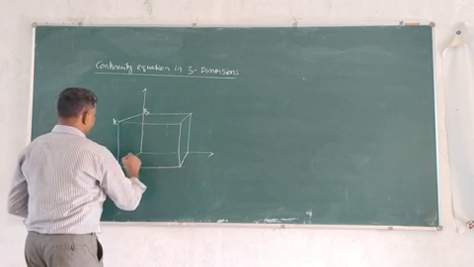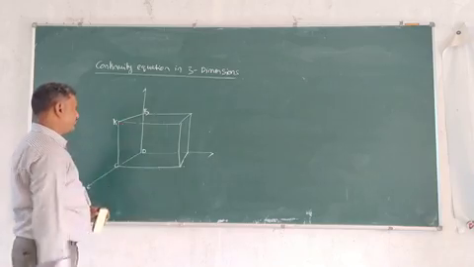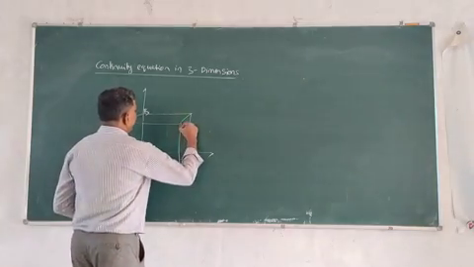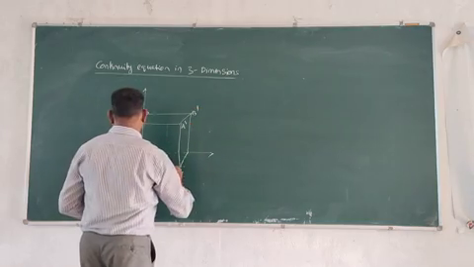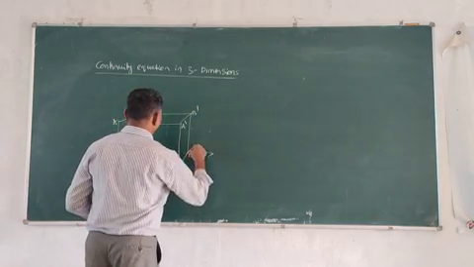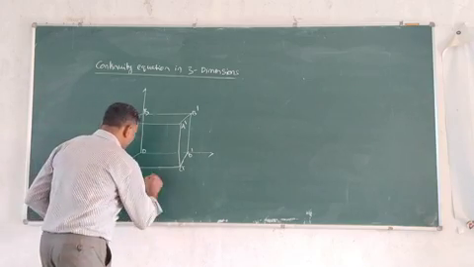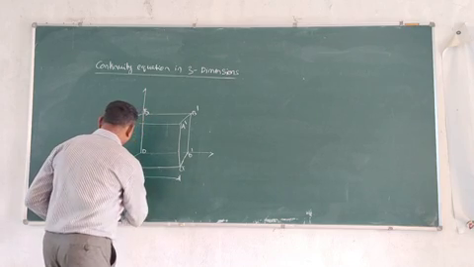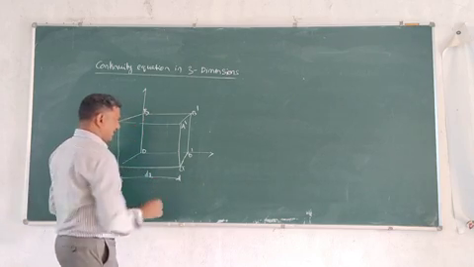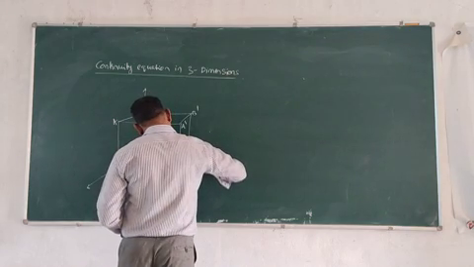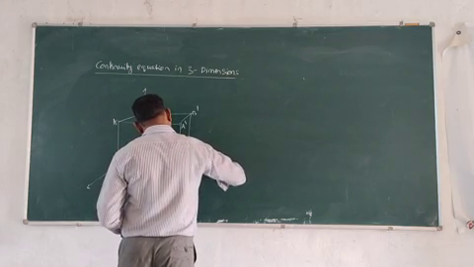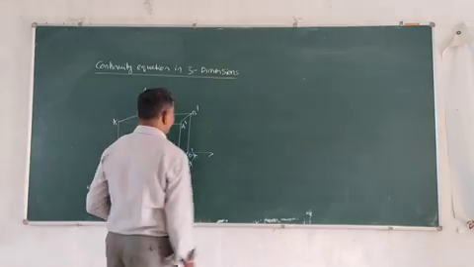A, B, C, D, this is one face. A dash, B dash, C dash, D dash, this is another face. Length of this element in x direction is dx. Length of this element in y direction is dy.